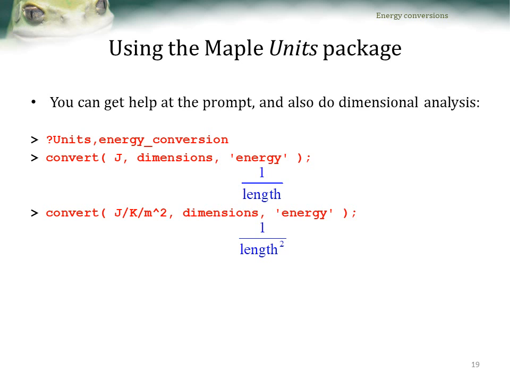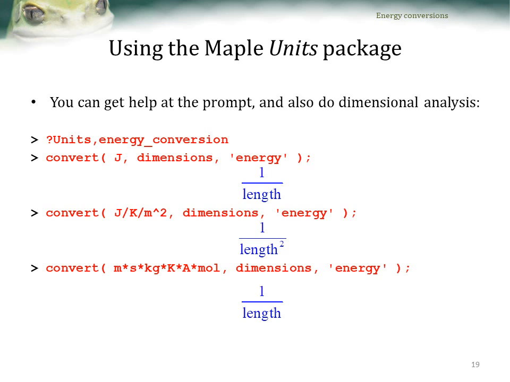Because joules and Kelvin both measure energy, therefore they cancel each other out, so all we're left with is 1 over length squared. And just for fun, the unit meter, second, kilogram, Kelvin, ampere, mole has dimensions 1 over length with respect to energy equivalence. Not that anyone would use that, but just pointing it out.